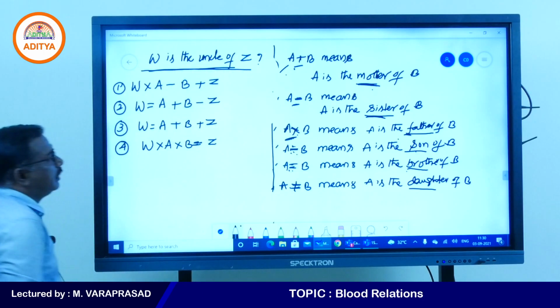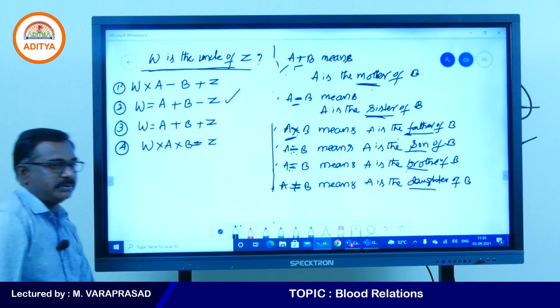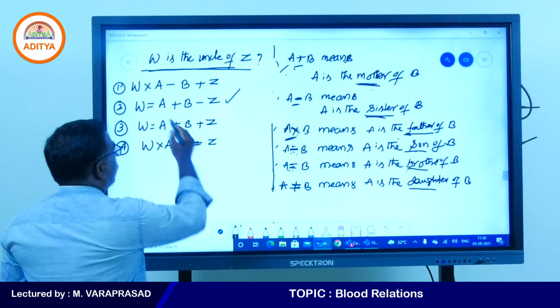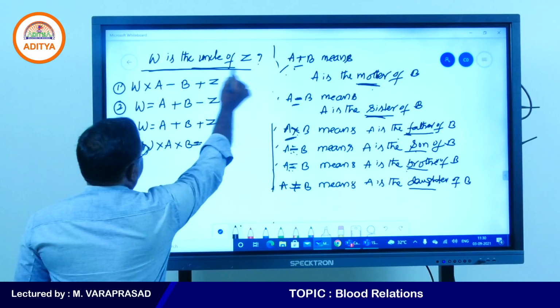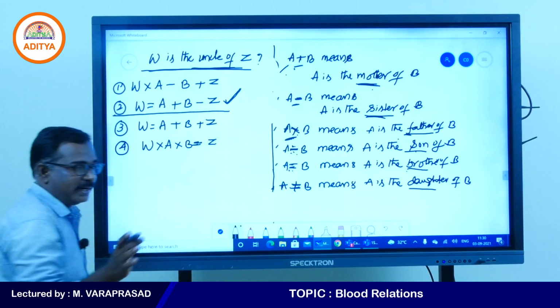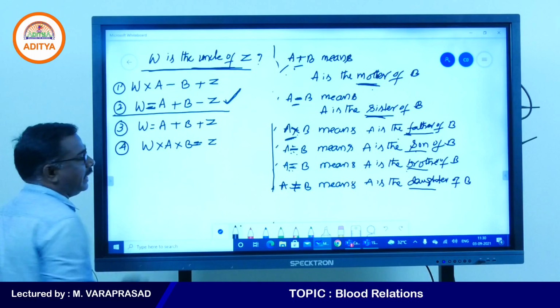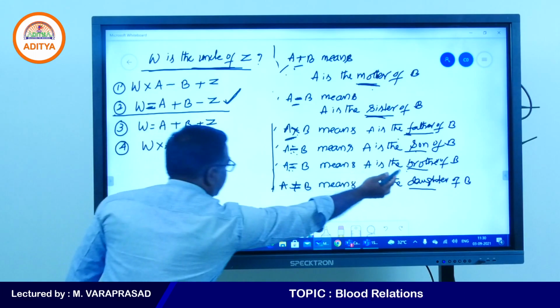Now see, W is the uncle of Z is the relation we want. Many of you wrote the second option, so I will check it. The first relation is W equal to A. According to the sum, equal to means brother.